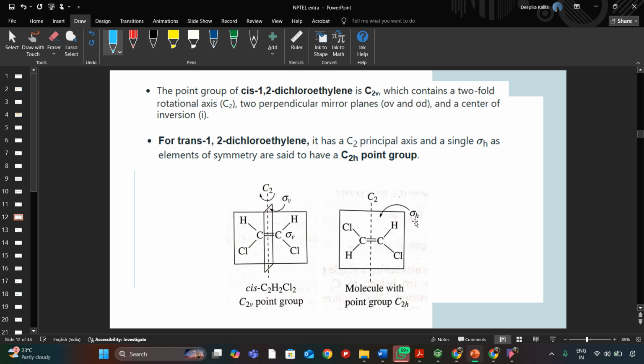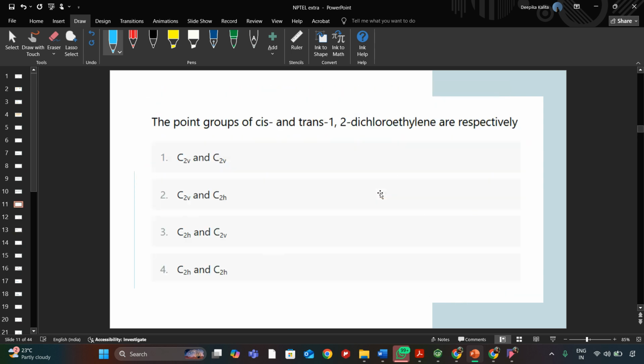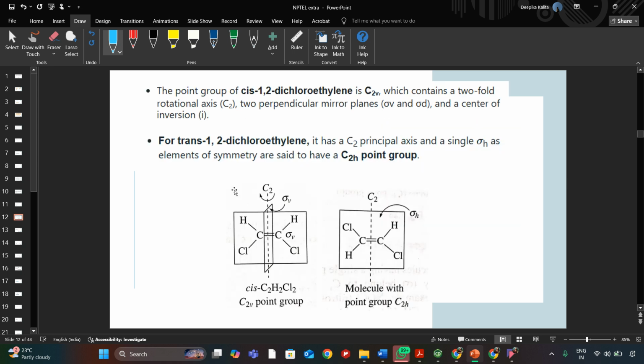Hence this plane will be sigma H. Hence, the point group for the molecule will be C2H point group. So, if we go back to the options, we have C2V and C2H in the second option. So, option 2 is going to be the correct answer for this question.